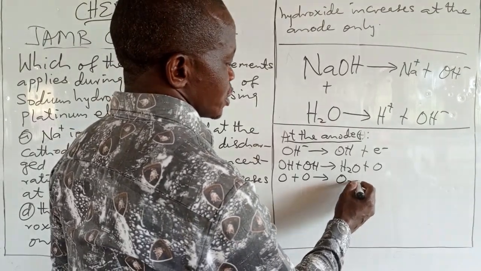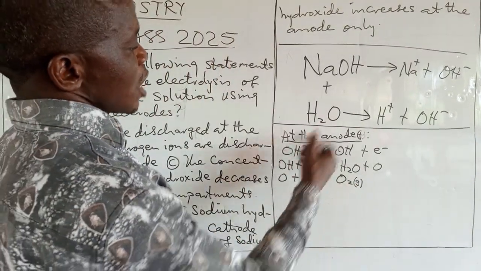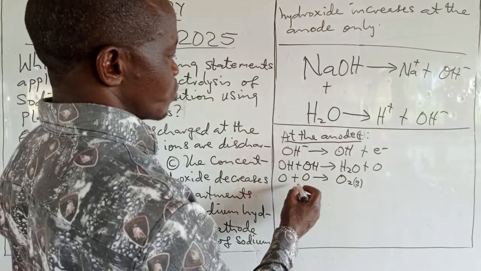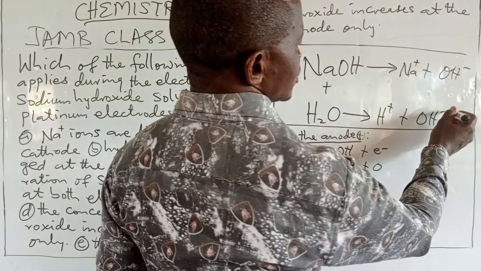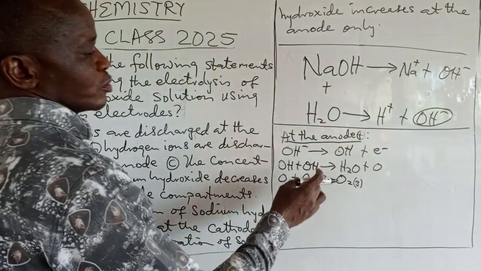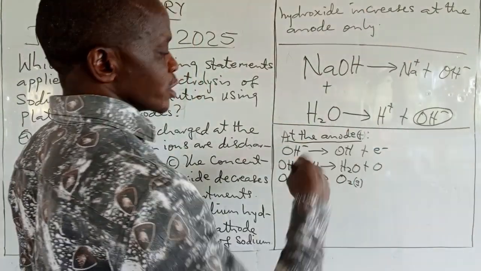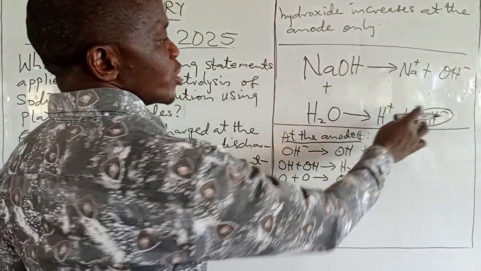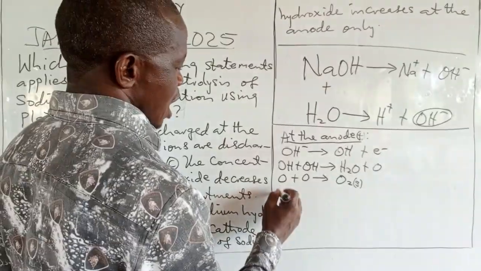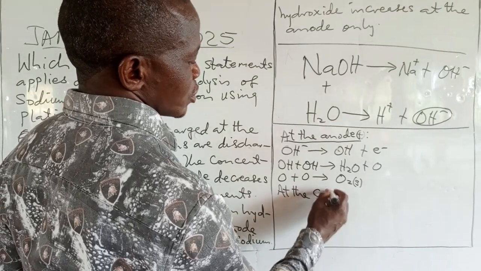Okay, so this is a gas. That is what happens at the anode. Remember, this is what is being removed from the oxygen, from here going, reducing in quantity. Now let's see what happens at the cathode.